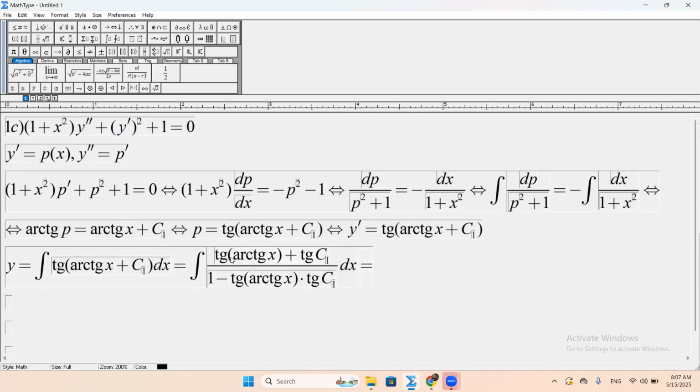The tangent of arctangent x actually equals x, so this expression will be simplified. Not so strange as we thought before.